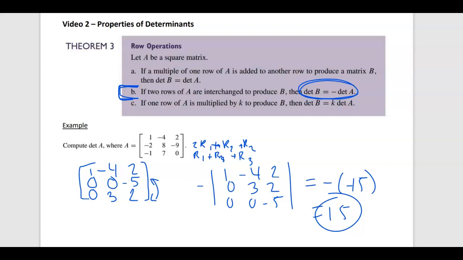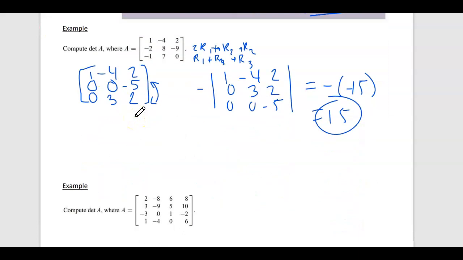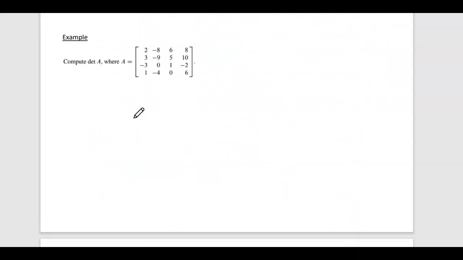Now, if you notice on C, where it says you can factor out a common multiple of 1 row, then you can say the determinant of B is K times the determinant of A. We're going to use that in this next example. So let's scroll down to that. All right, so we have a 4 by 4 matrix here, and I want to figure out the determinant.